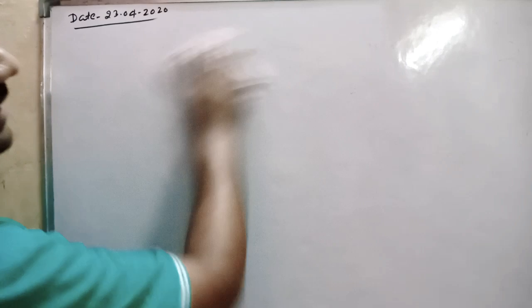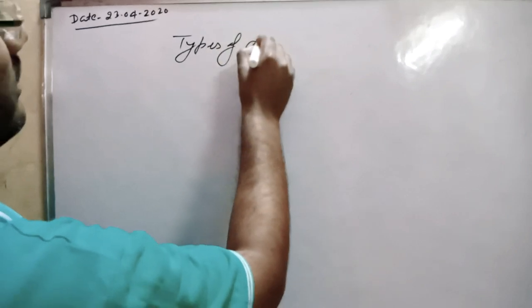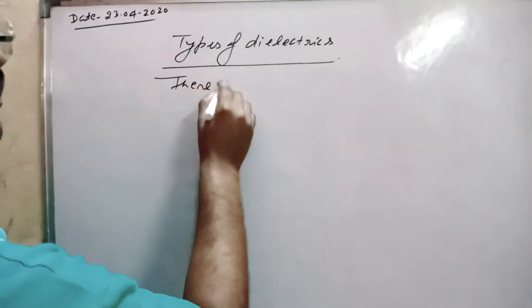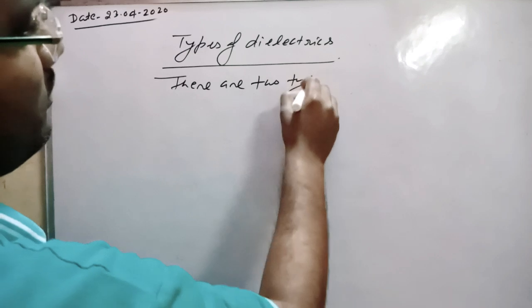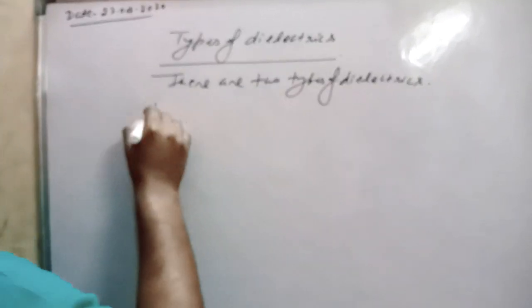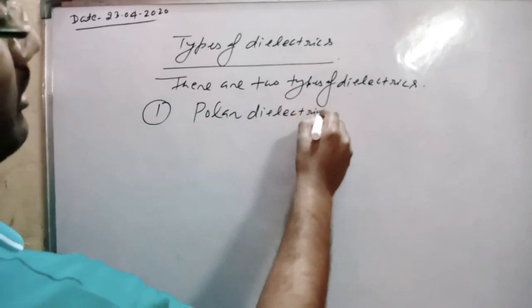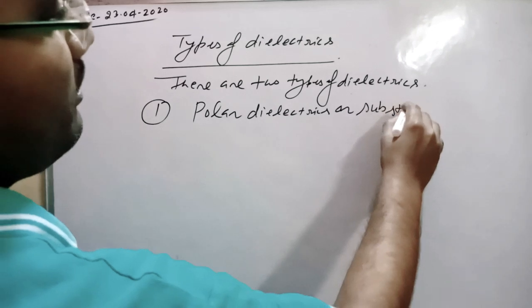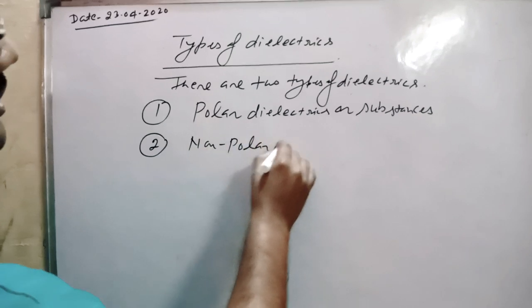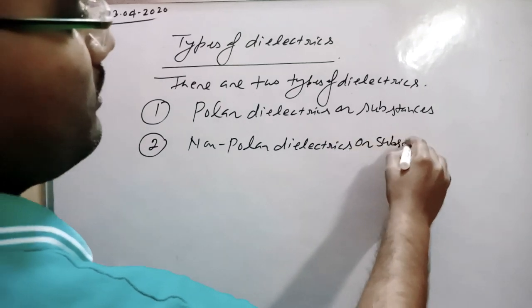There are two types of dielectrics. First one is polar dielectrics or substances, and the second one is non-polar dielectrics or substances.